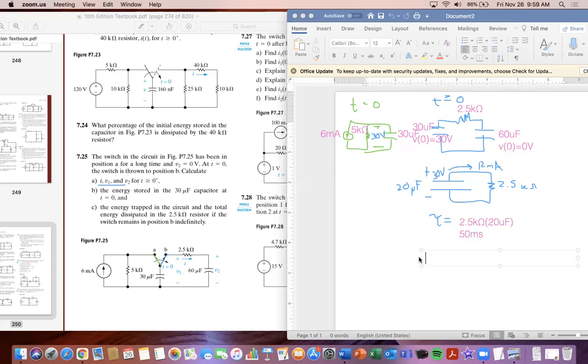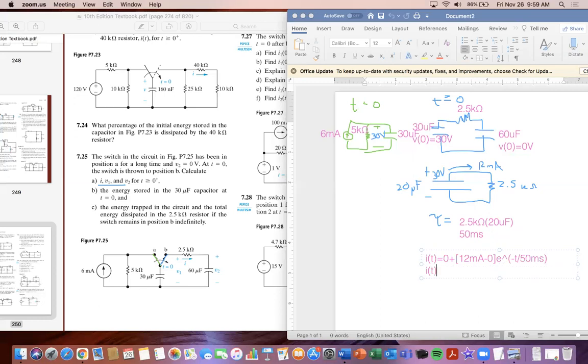Okay, so my current at time t is going to equal the final value. The final value of current, we said, is 0 because eventually it's going to die out. There's no source connected. And then the initial value is 12 milliamps, minus the final, times e to the negative t over tau, which is 50 milliseconds.